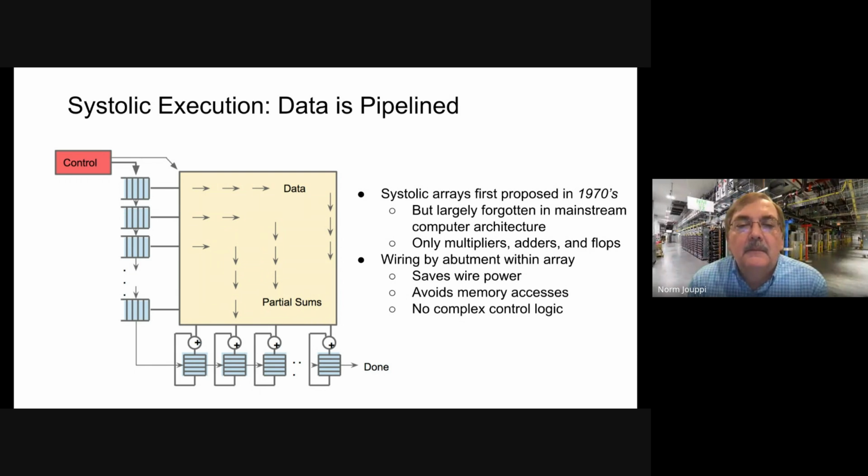And it avoids memory accesses, and I'll talk more about those later. There's no control logic to speak of, and it's only the adders and multipliers and the flip-flops to keep the data moving in sync. So there's really no overheads.